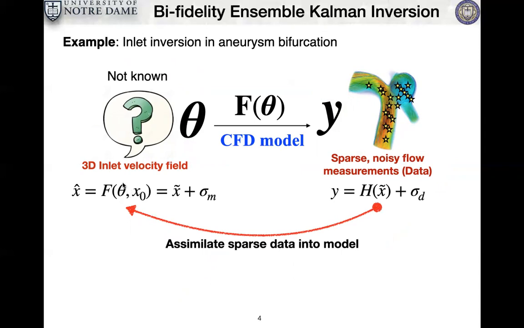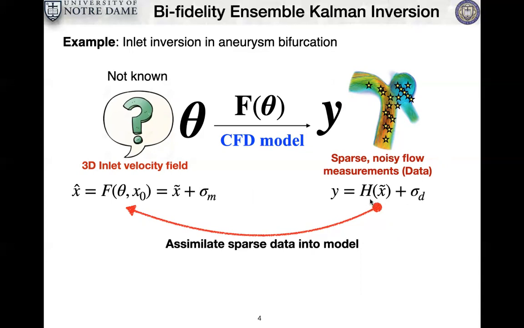If you give a parameter theta and the initial state of the field, you can use the forward CFD simulation to get the simulation results. But here, the simulation results consist of the ground truth and some kind of uncertainty, sigma m. And here y represents our observation of the data, and y equals Hx plus sigma d.